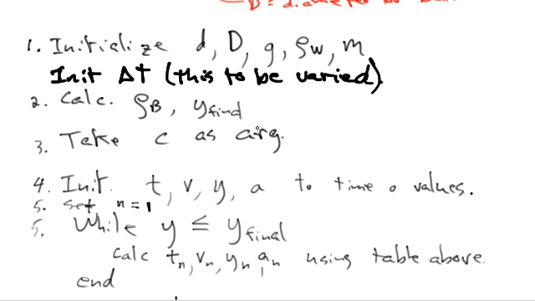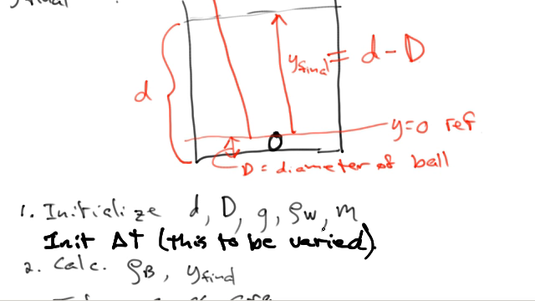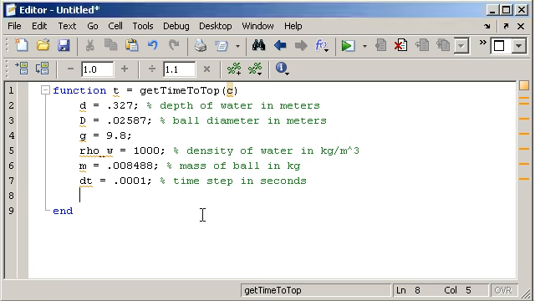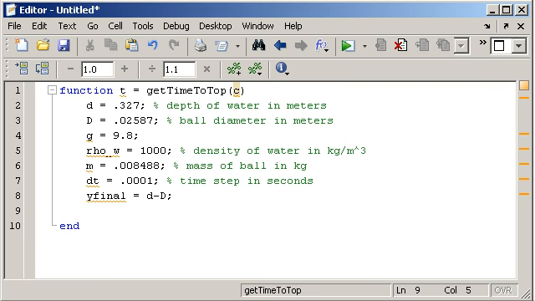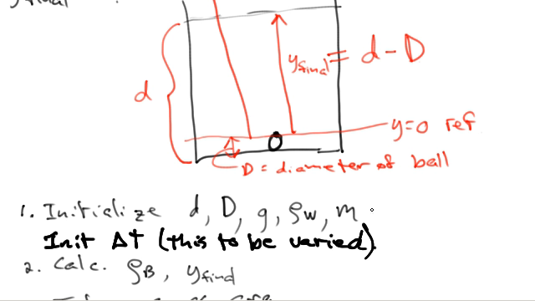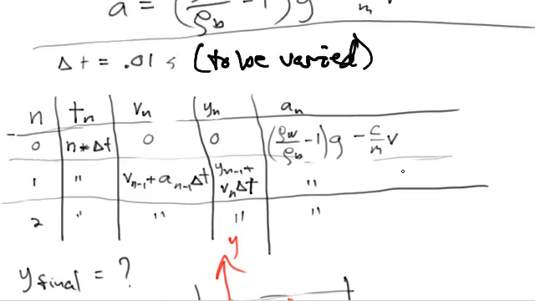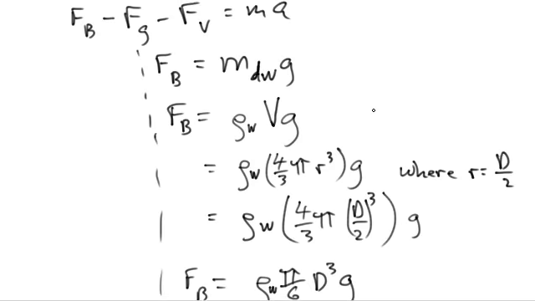Calculate rho B and Y final. So Y final is that. Let's go ahead and type that in. Y final equals D minus capital D. And rho ball, I think I've probably got an expression for that somewhere.